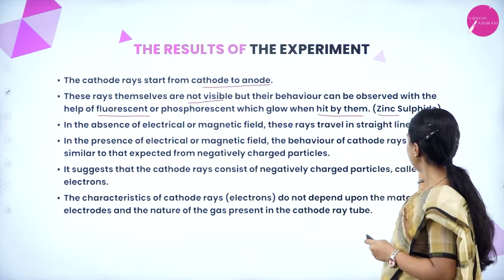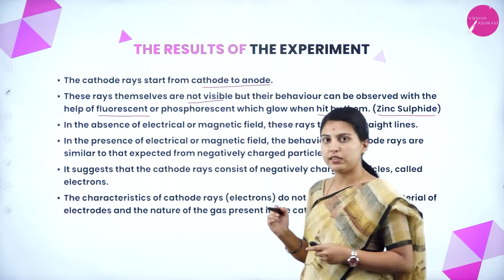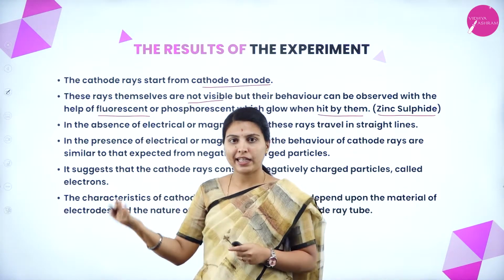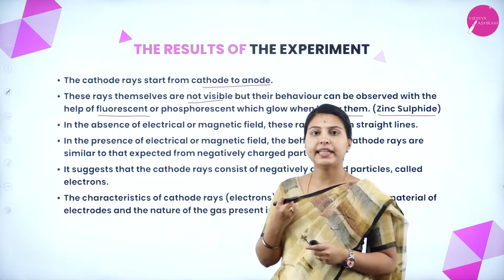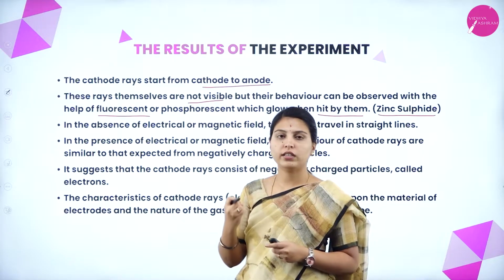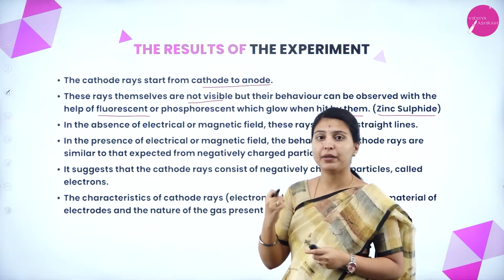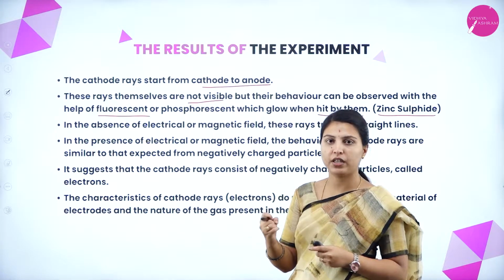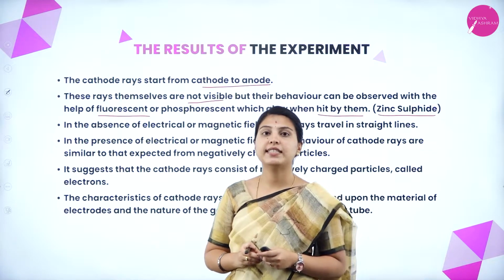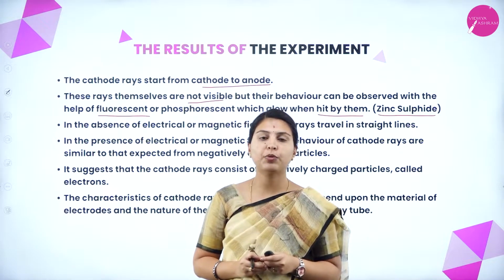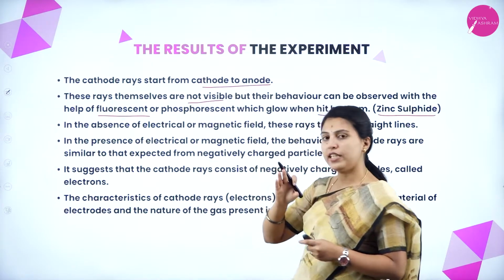Here the fluorescent material is zinc sulfide. Yes, it will move from cathode to anode, and we know that cathode rays are completely invisible. They are not visible to our naked eye, but their behavior will be observed when they hit the fluorescent material, that is zinc sulfide, as a dark spot. That time we can tell it has moved.